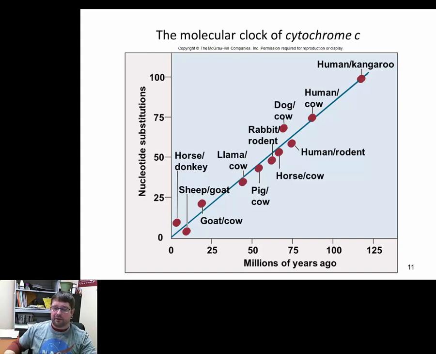That makes them two separate species. So horses and donkeys are separate species, yet their cytochrome C gene has only been separated for about 1 million years. So they're very closely related, and this allows us to look at how close organisms are related.